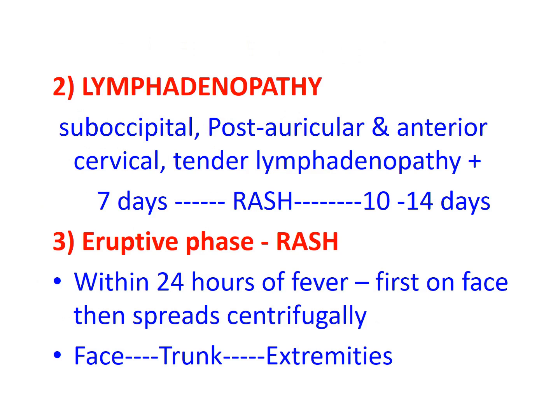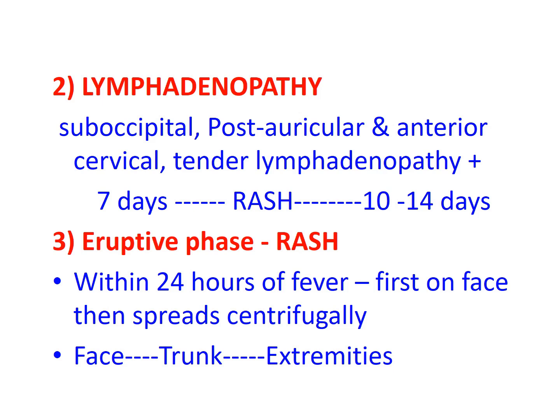There is lymphadenopathy, mainly suboccipital, posterior auricular and anterior cervical lymph nodes, and they are tender. So there is tender lymphadenopathy from 7 days before the rash, and it persists till 10 to 14 days after the rash.